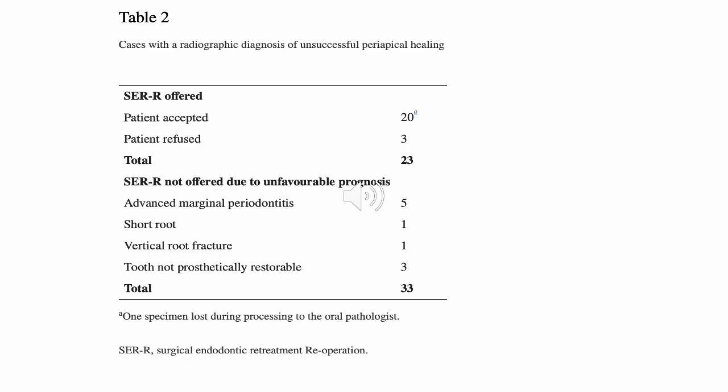33 patients displayed periapical lesion at 7 years follow-up. Only 23 patients with 23 teeth fulfilled the clinical inclusion criteria. Out of the 23 patients, 3 patients refused the reoperation.